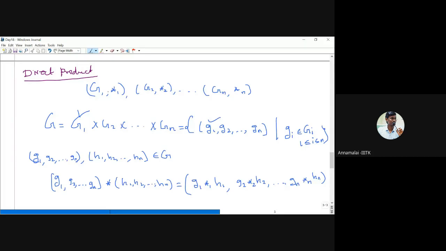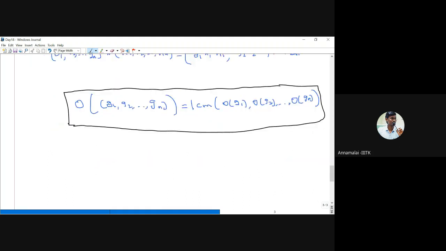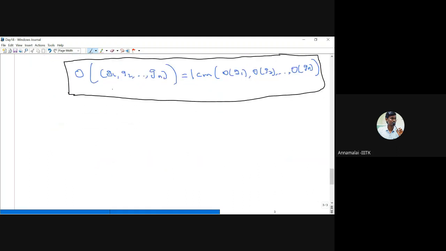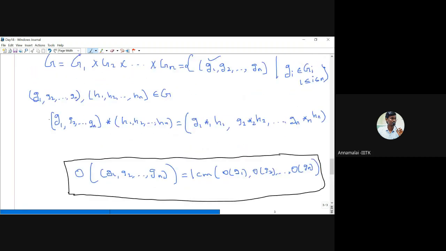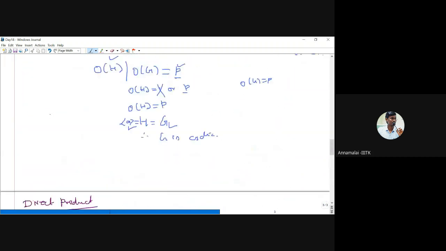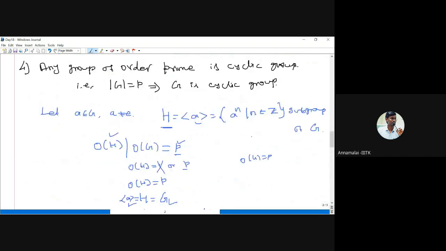Suppose we have two cyclic groups G1, G2. If we take the Cartesian product, is it again a cyclic group? That is the question. We take the Cartesian product of two cyclic groups, and then we can extend it to any number.